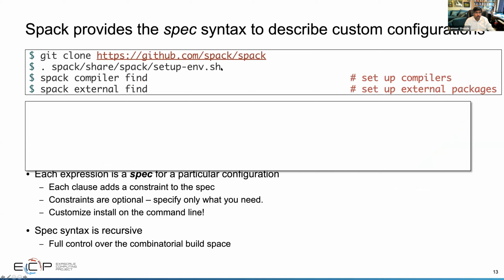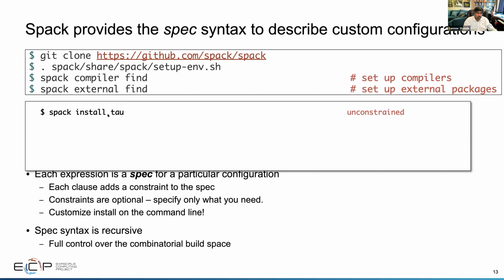After sourcing the setup-env.sh, I typically use spack compiler find so that my compilers are then recognized, and then spack external find so that external packages like m4, autoconf, tar, and all, so that all of these packages don't need to be rebuilt from source code.